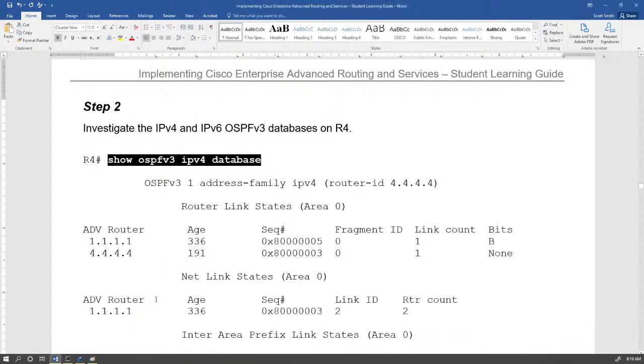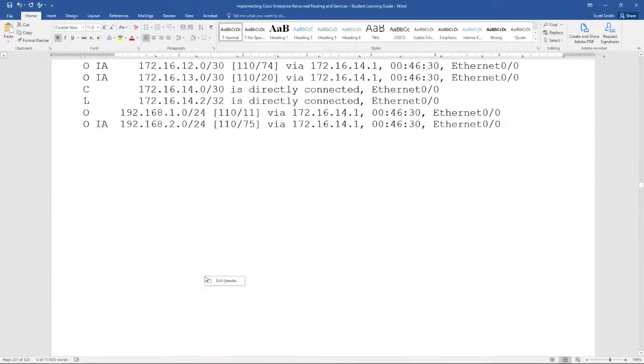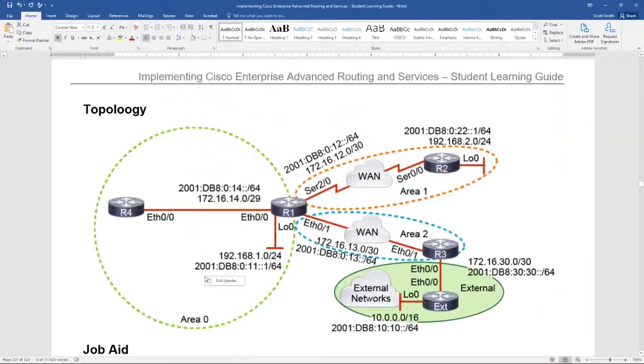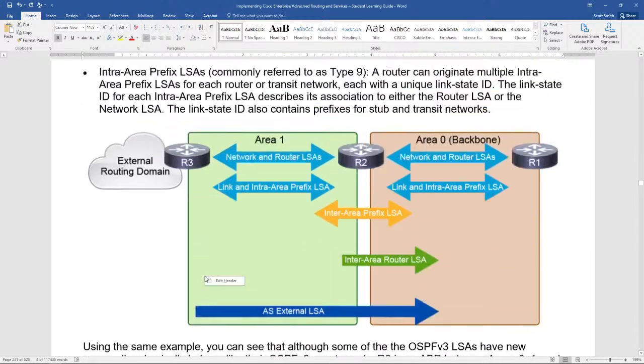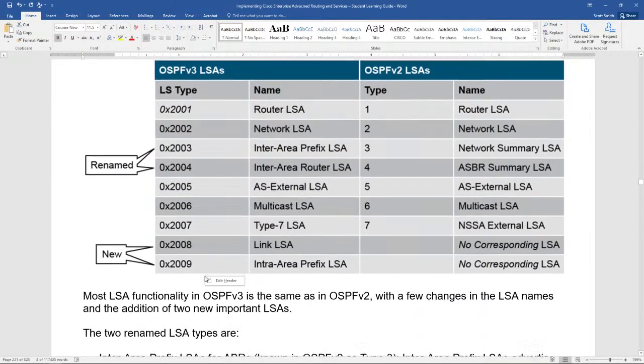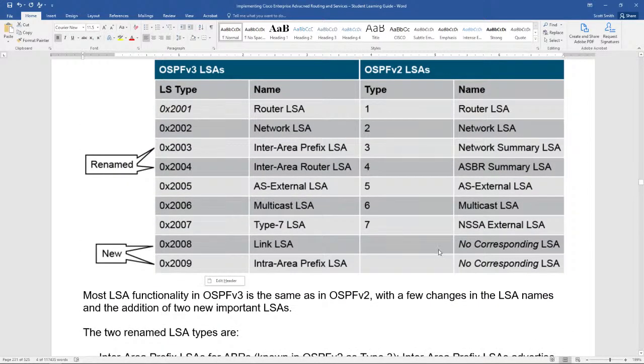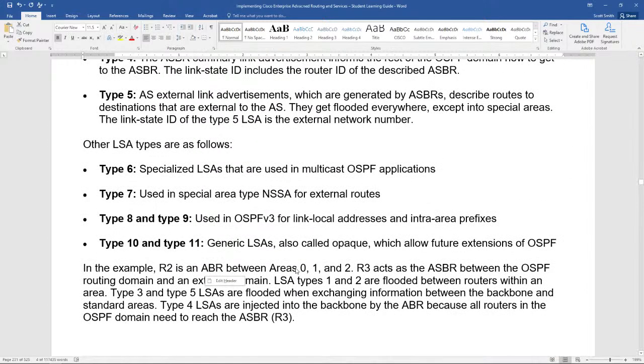And if we go back to our book here, we can see what those type LSAs represented, right? And this is kind of interesting because not what I expected to see, actually, because the type 8 LSAs are supposed to represent my link LSAs, not my intra-area prefix LSAs. So the type 8 LSAs should represent the link local information.